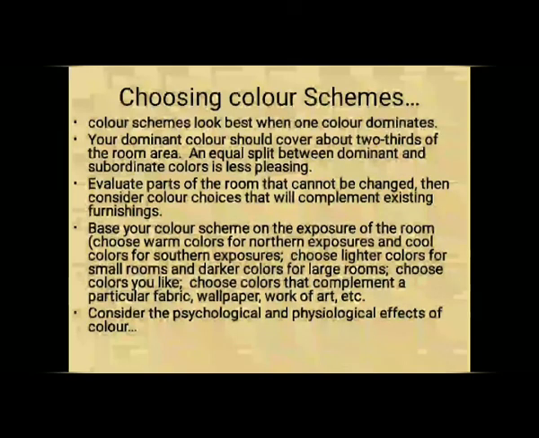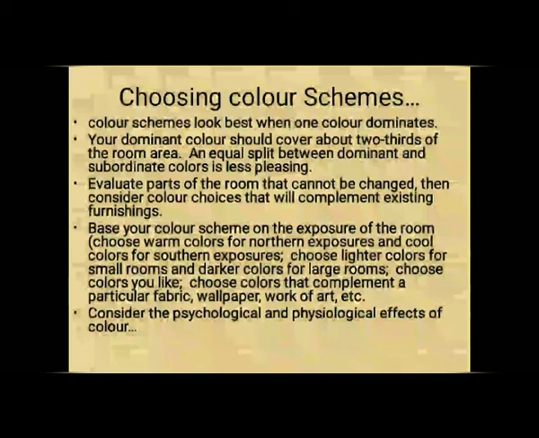Okay, next thing you need to know is how color schemes are chosen. Color schemes look best when one color dominates. Your dominant color should cover about two-thirds of the room area, and an equal split between dominant and subordinate colors is less pleasing. Evaluate the parts of the room that cannot be changed, then consider color choices that will complement existing furniture.